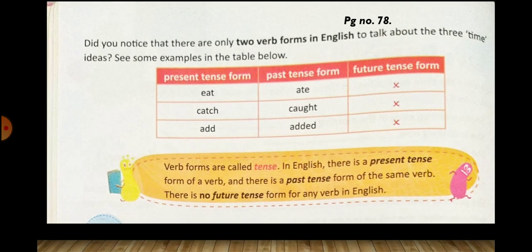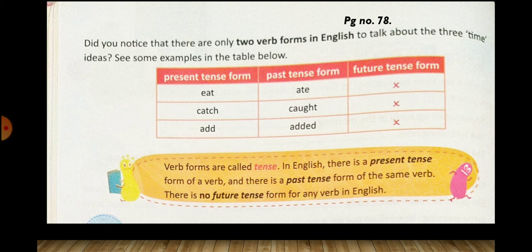Here, if you turn to page number 78, you will see another very interesting thing. So here you see, did you notice that there are only 2 verb forms in English to talk about the 3 times? So this is very, very important for you to understand.